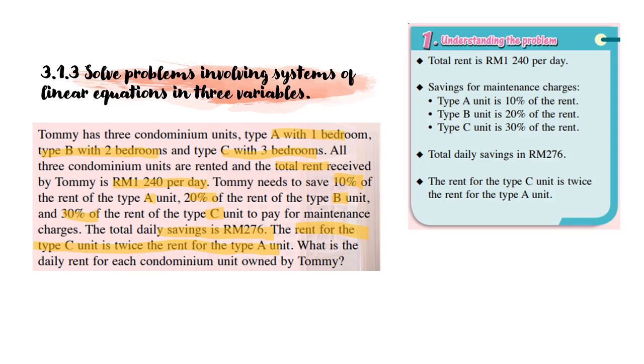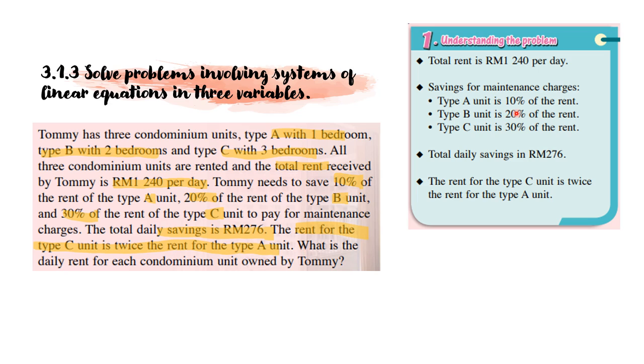So understand the problem. I already highlighted it. The total rent is 1,240 per day here, and this is the saving, maintenance charge 10%, 20%, and 30%, and then the total daily saving is 276. And lastly, the rent for the type C unit is twice the rent for the type A unit.